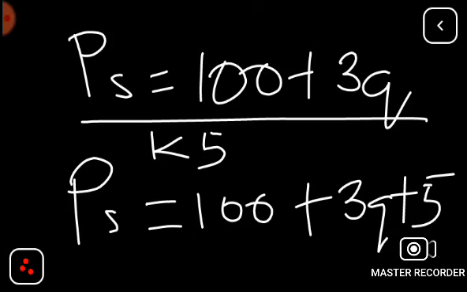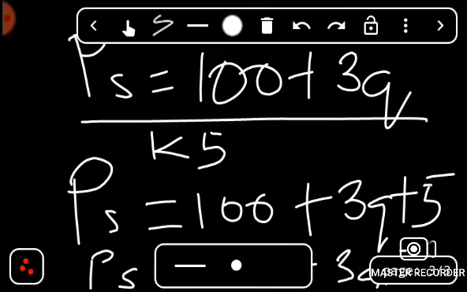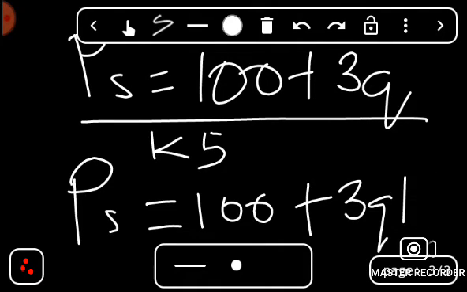So when you have price as the subject of the formula under the supply function, just add the 5 there so that you have p = 105 + 3q. Now this becomes our function. So this is how you deal with taxes and the supply function.